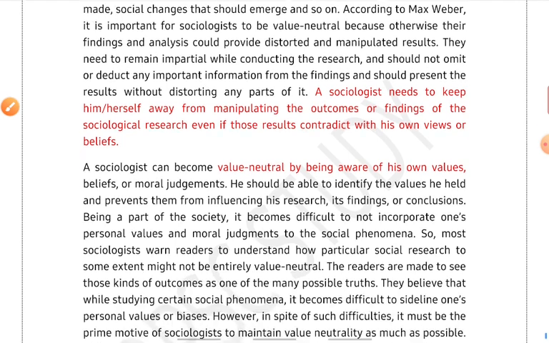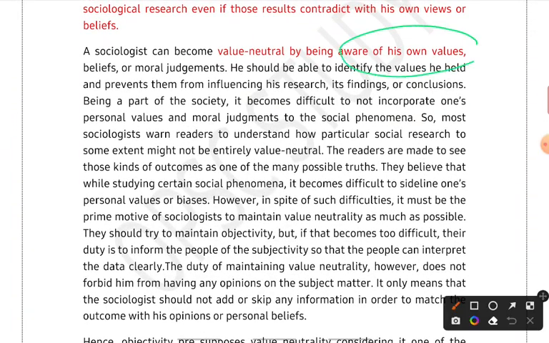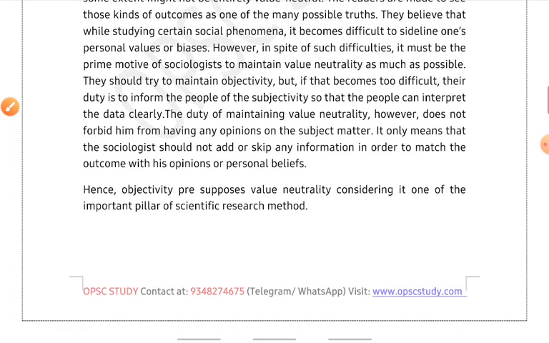So how can he be value neutral? He first needs to know what his values and beliefs are. If he knows that, then only he can be value neutral. He knows that he will be attaching this value or this moral into this, so then only will he try to be value neutral, to understand how a particular social research happens. You can read this and then conclude it.